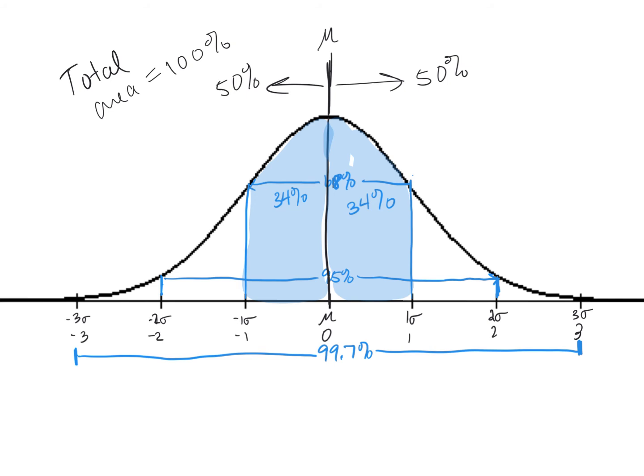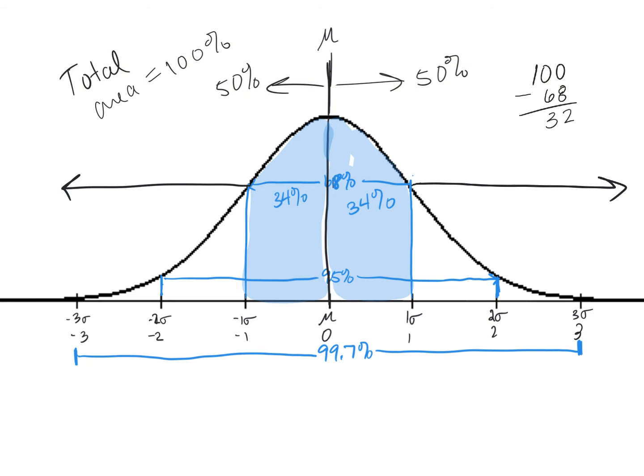So, if 68% is in the middle, how much is all the way to the left and to the right? Greater than 1 standard deviation from the mean and less than 1 standard deviation from the mean. Well, everything adds to 100. So 100 minus 68 is 32.